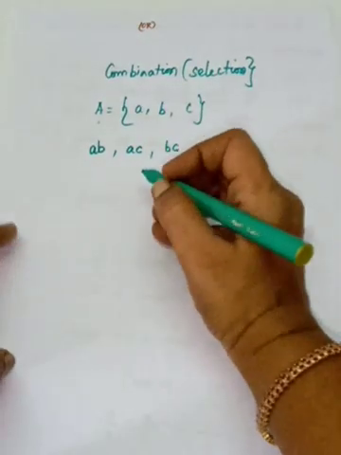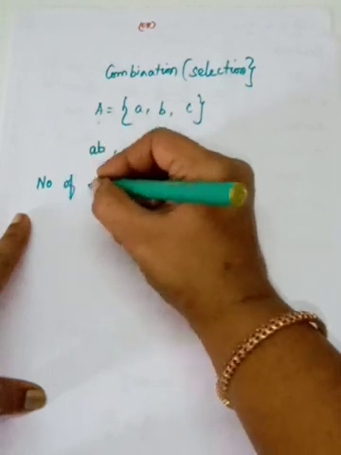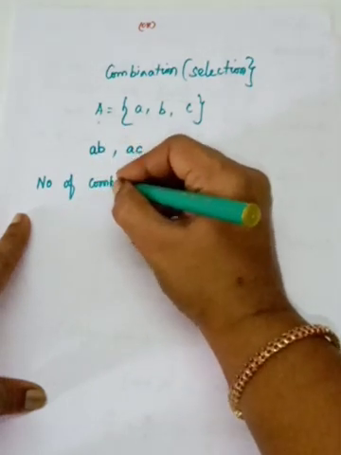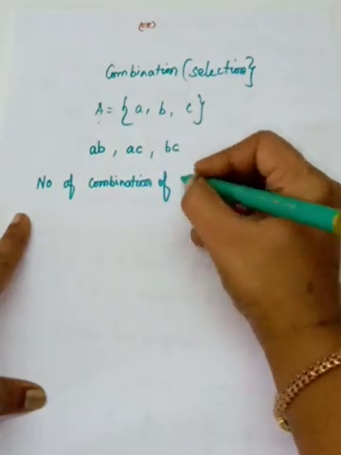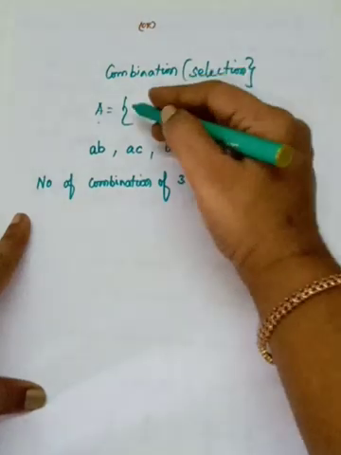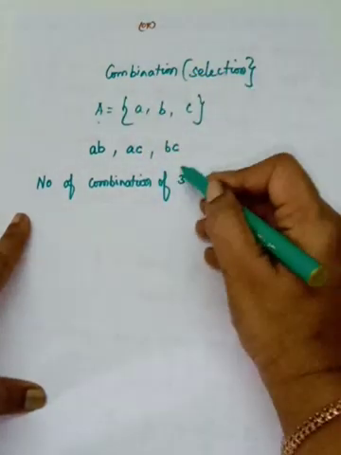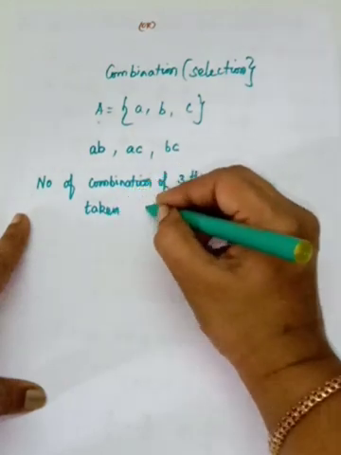Okay, so see, the number of combinations of 3 things. How many letters are you having here? 3 letters. So that's why I have mentioned 3 things, taken 2 at a time.